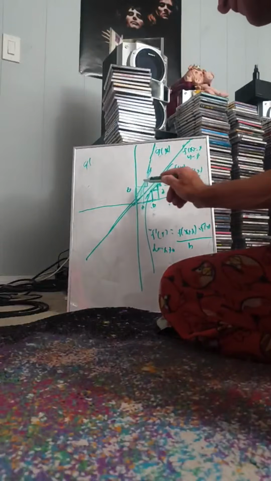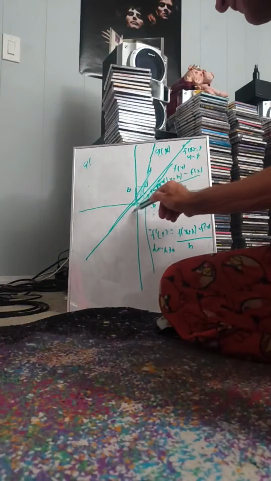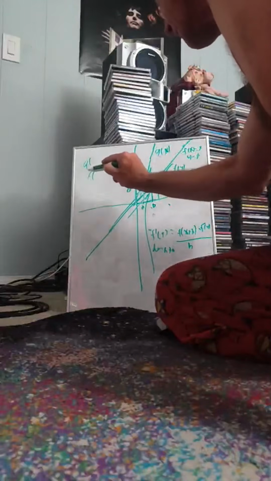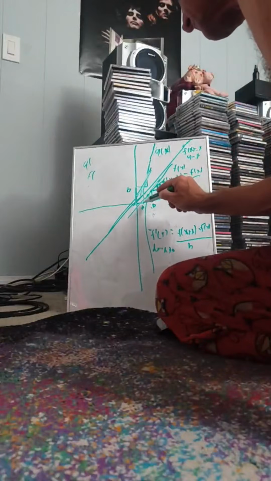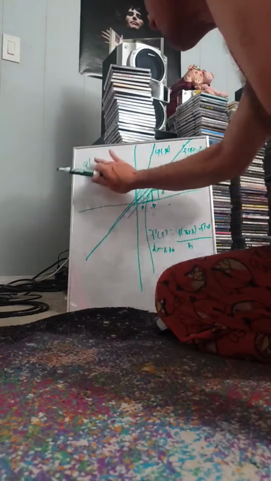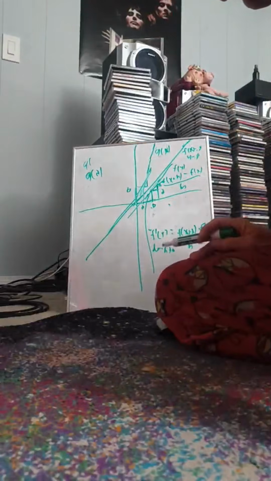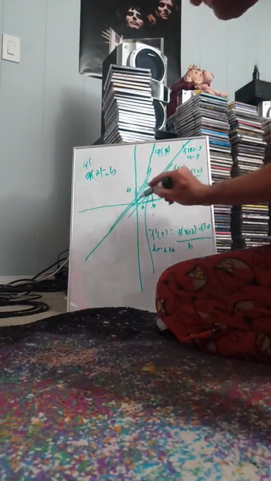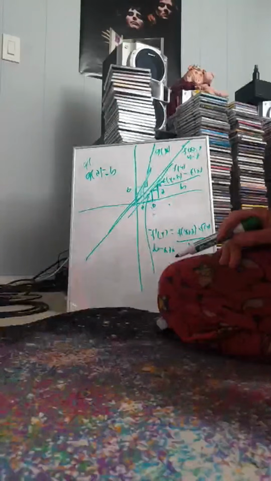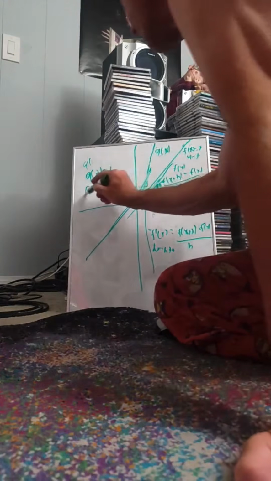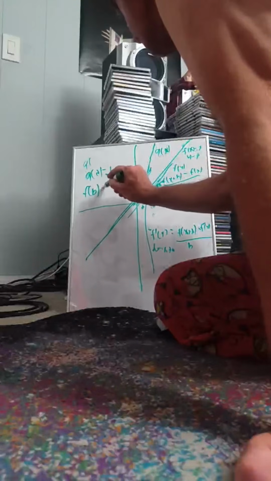Like if g of a equals b, like I'm showing, and then I have f of b equals a.